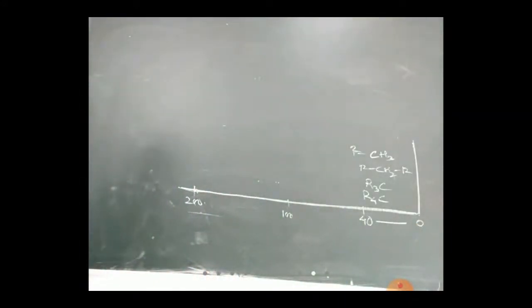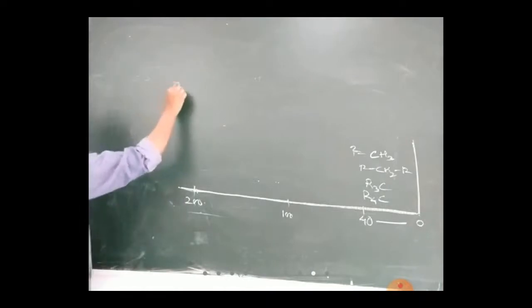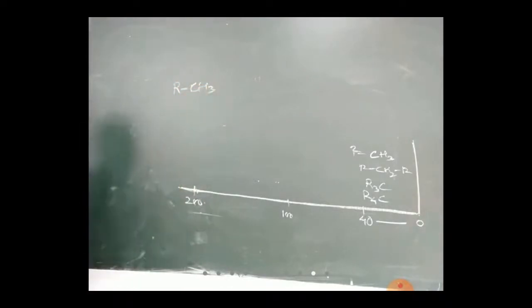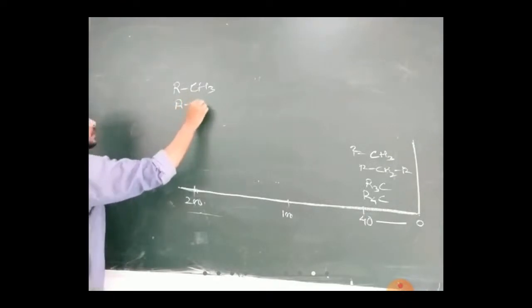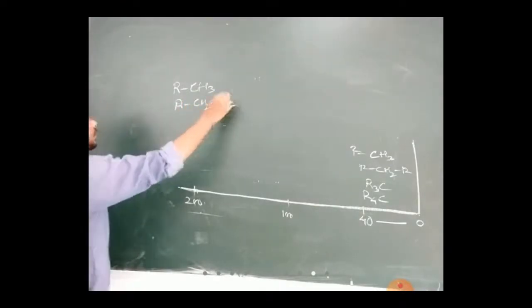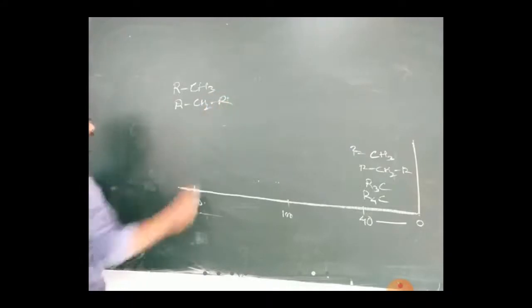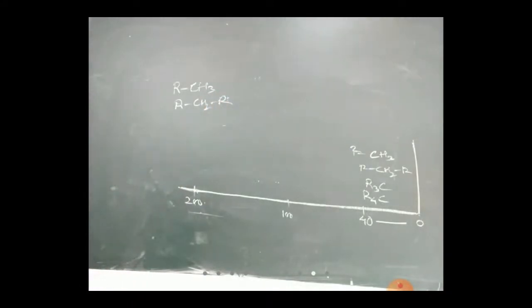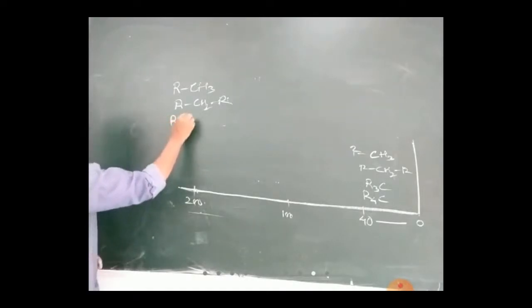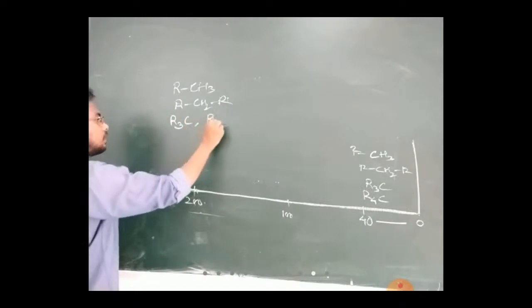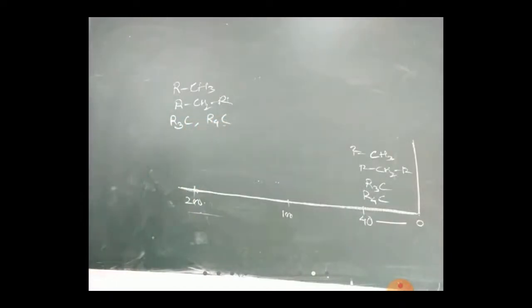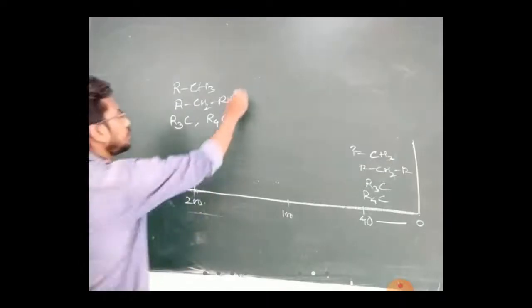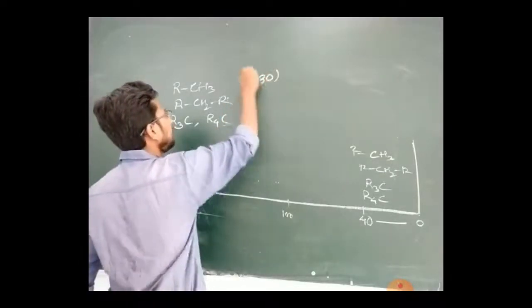If I have to write it in detail, you have RCH3, then RCH2, where R is just an alkyl group, and then R3C and R4C. The range for RCH3 is around 8 to 30 ppm.